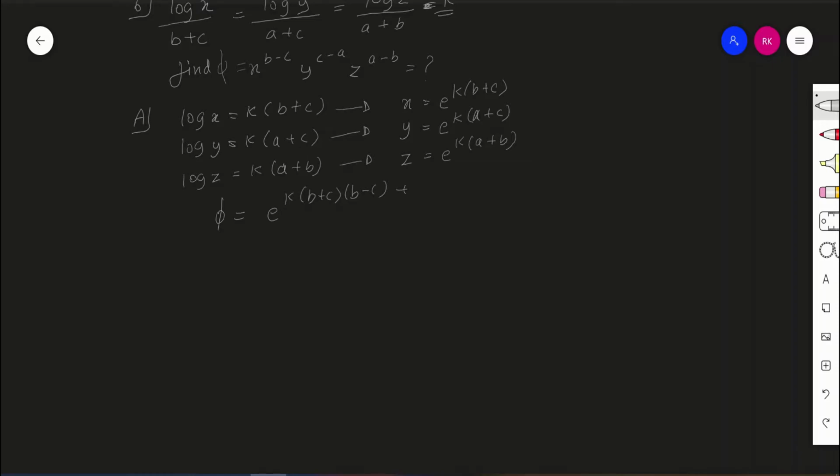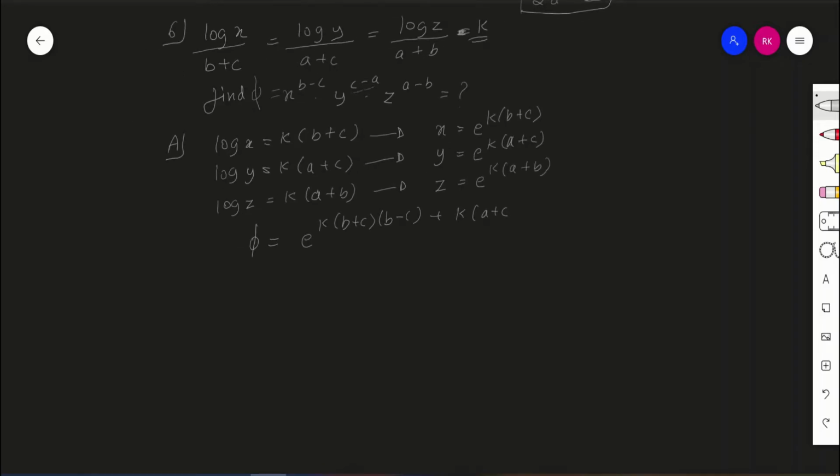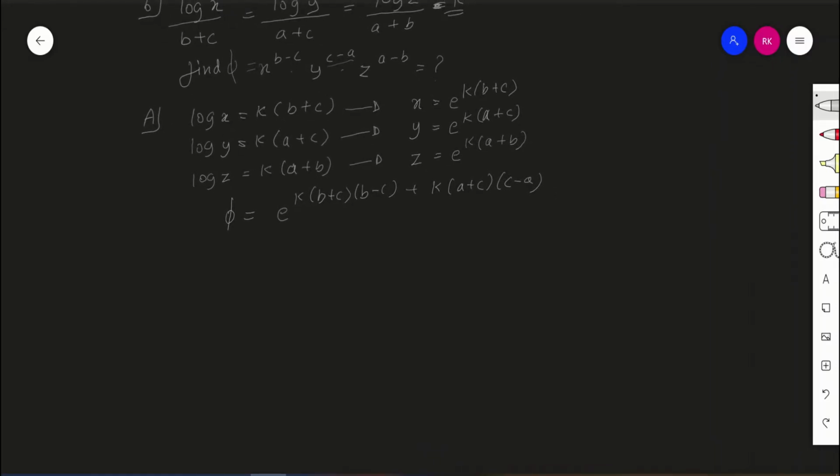plus, these are in multiplication, so the powers are going to add. So k times of a plus c times c minus a, and then plus k times a plus b times a minus b.